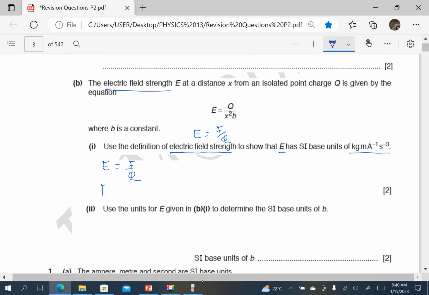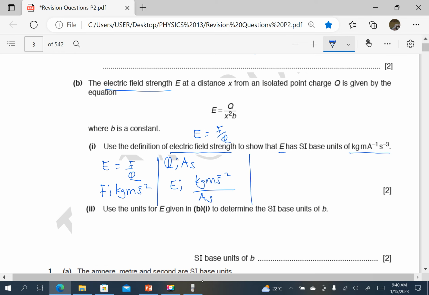We know that the base units of force, mass times acceleration, are kilogram meters per second squared. And we also know that charge is IT, so charge is ampere times seconds. So the units of electric field strength will be kilogram meters per second squared divided by ampere seconds, and we now divide.